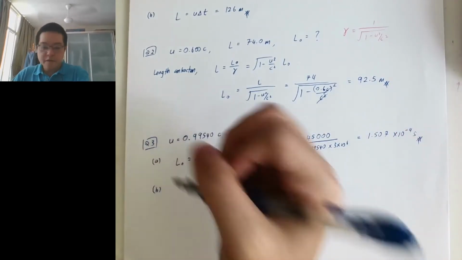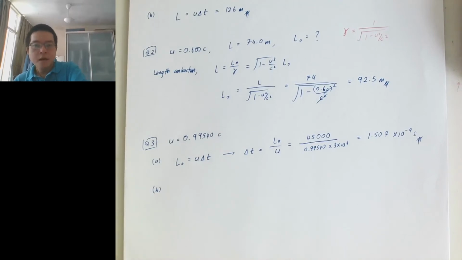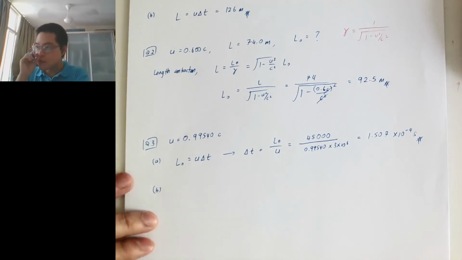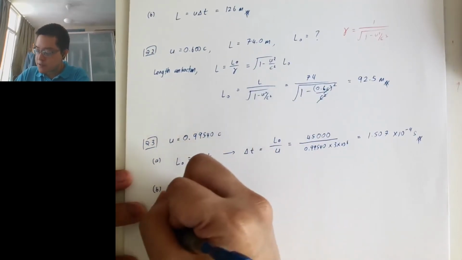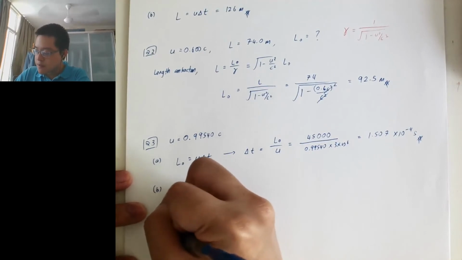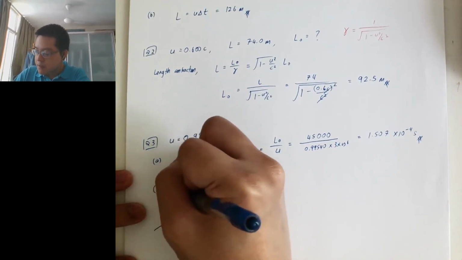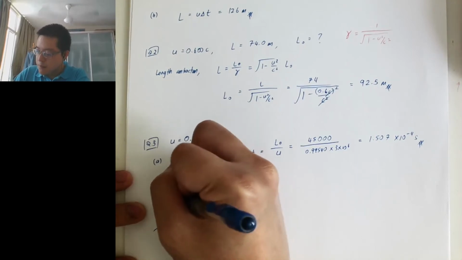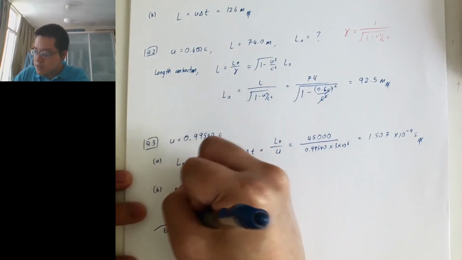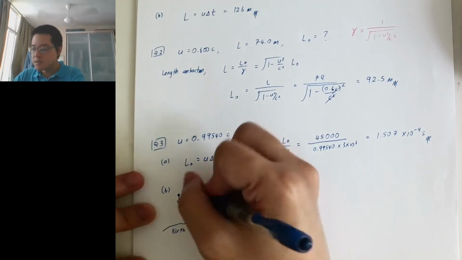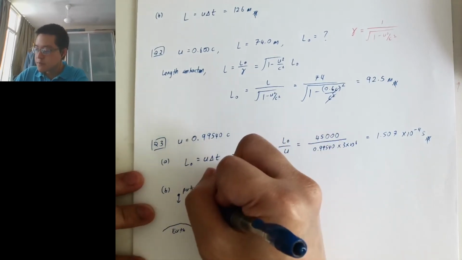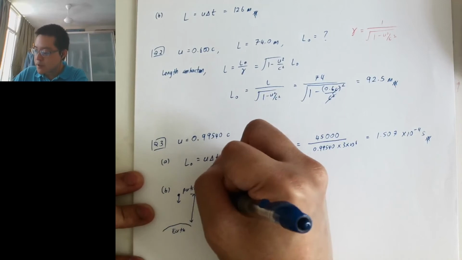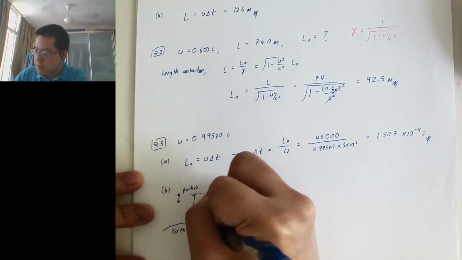Okay, so for the next part, using the length contraction formula, what is the distance traveled by the particle according to the particle itself? So we are talking about the Earth here, and the particle is traveling down. The distance between the starting point of the particle and the ending point of the particle is here.